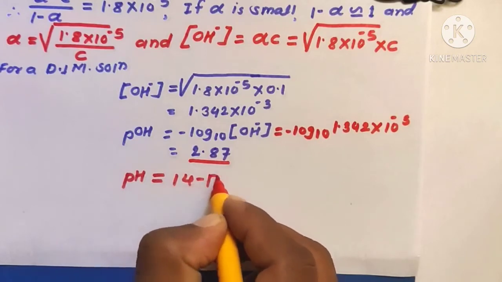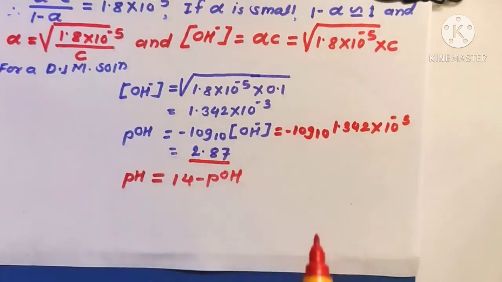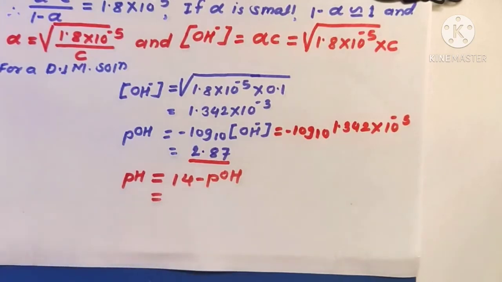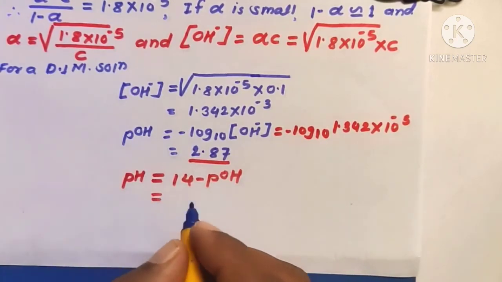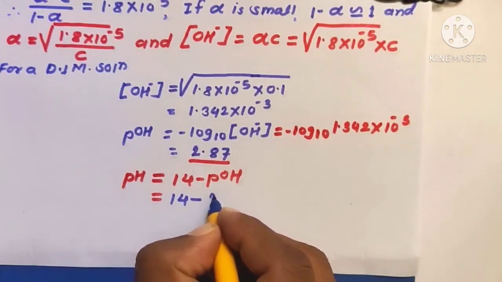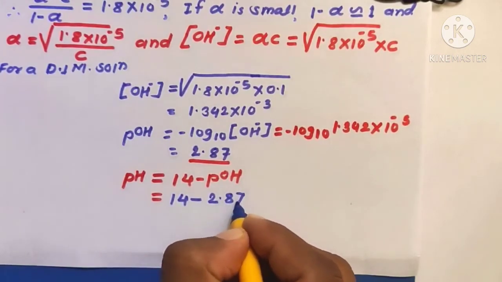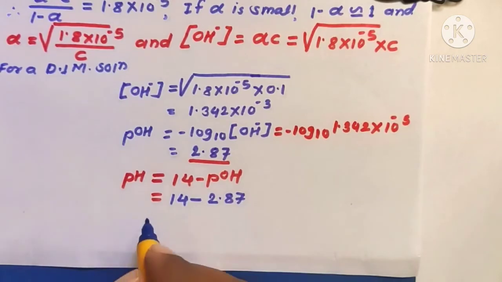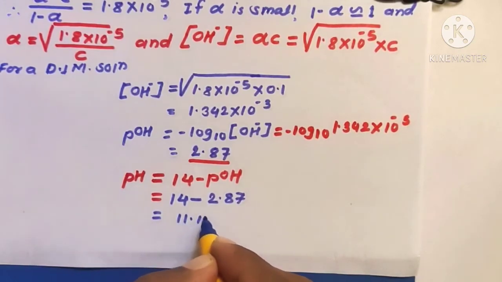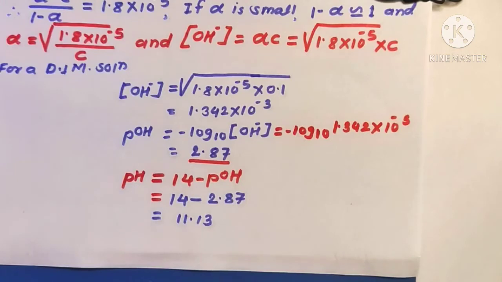Now the pH of the solution is equal to 14 minus pOH, that is 14 minus 2.87. Therefore we will get 11.13.